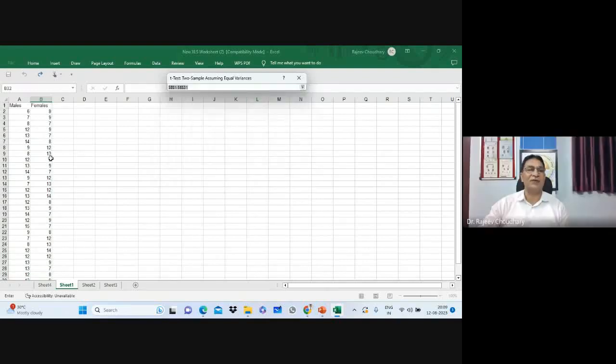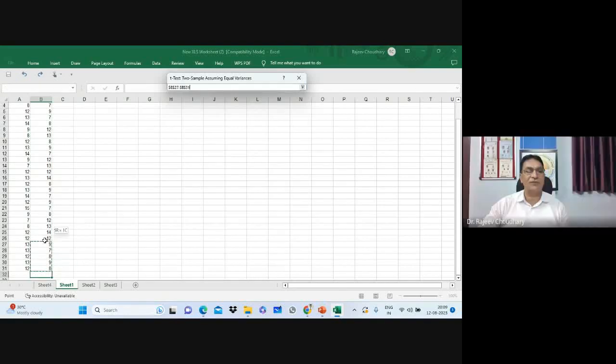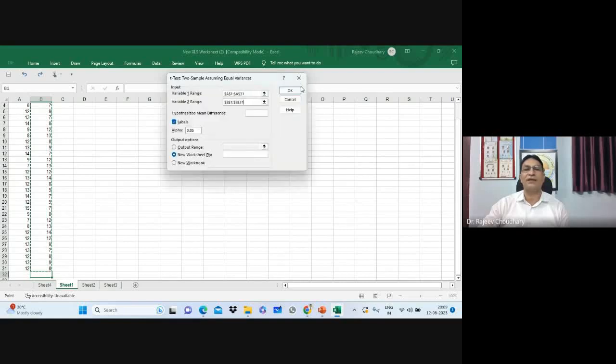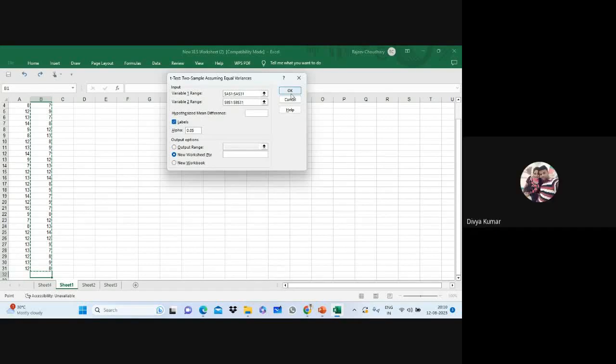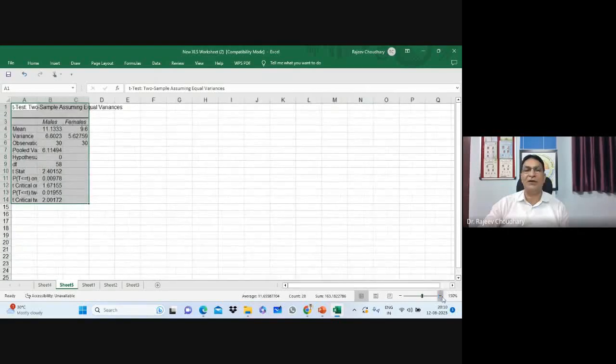Select all the female scores. Again the arrow. Again click on the arrow and select this label. Okay, see the output.